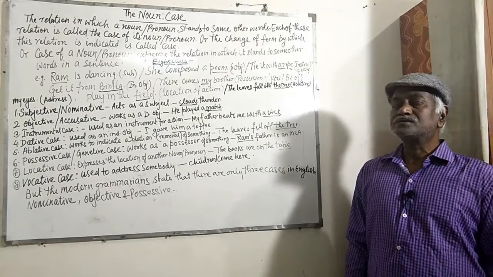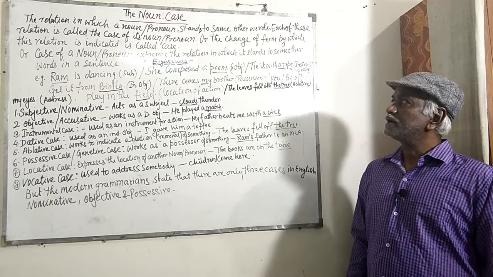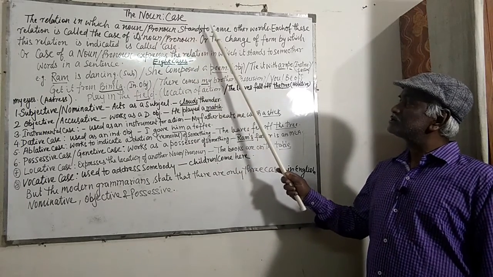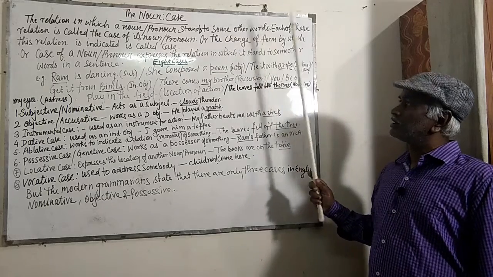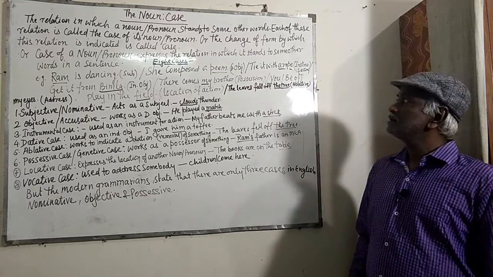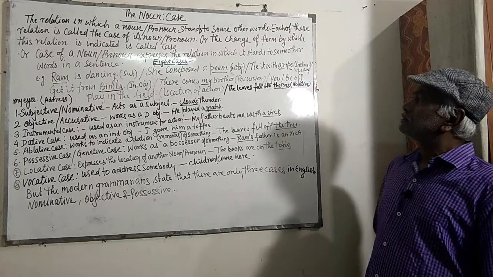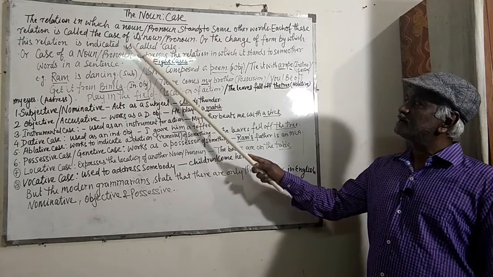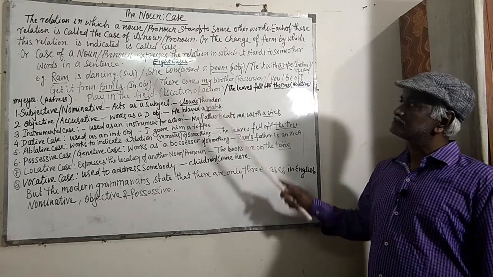A case is the relation in which a noun or pronoun stands to some other words, or the change of form by which this relation is indicated is called a case.